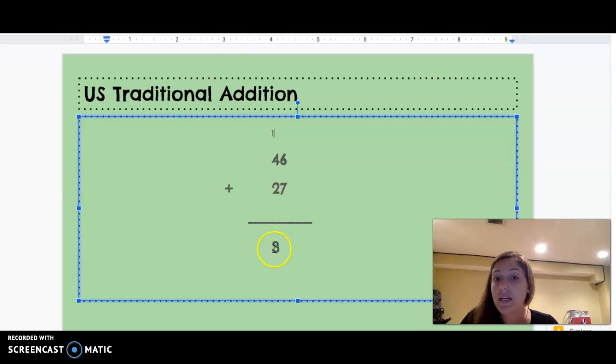So my 3 is down below and my 10 is up above. Now I'm going to move over to my tens place, and I know here I'm adding 40 plus 20 plus 10. I know 40 plus 20 is already 60, and if I add another 10, that gives me 70. So my answer here is 73. The difference between this method and other methods is that instead of bringing your numbers down, you are carrying them up. Let's try another one together.